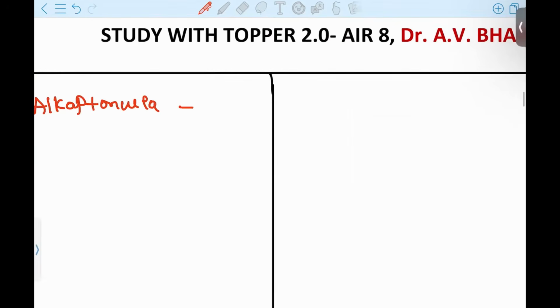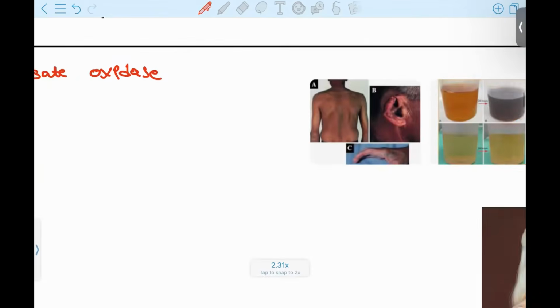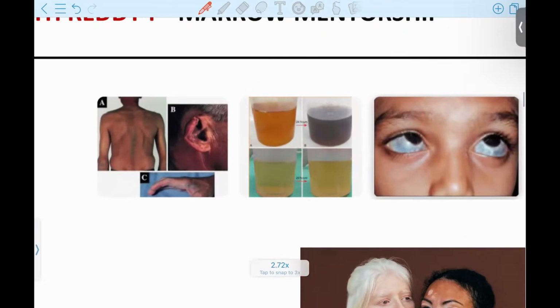Because of the deficiency of homogentisic acid oxidase. This is the deficiency causing alkaptonuria. And how will these patients present? This is also known as black urine disease.